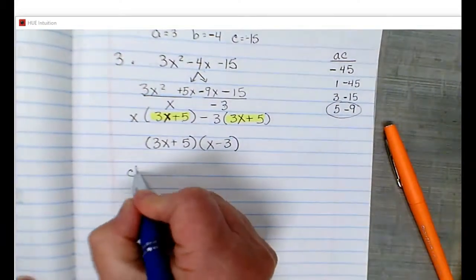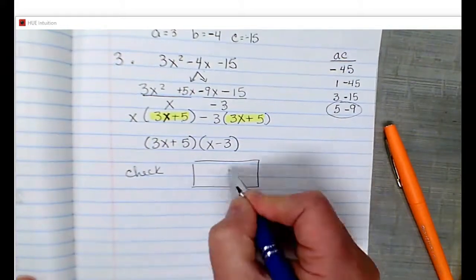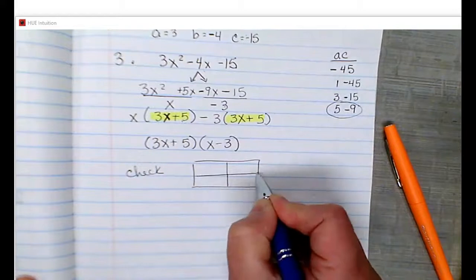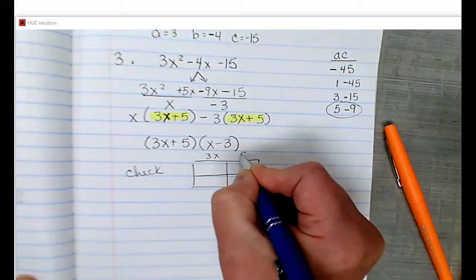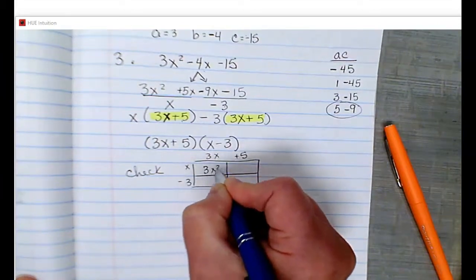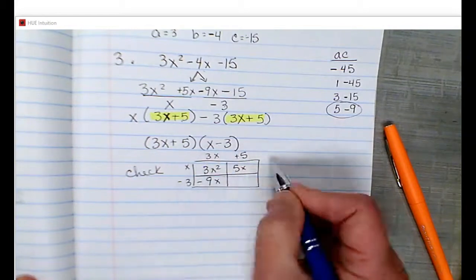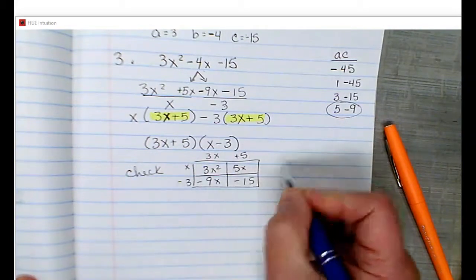You do not have to check every problem, but you should be able to check if you're not sure. 3x squared, 5x minus 9x, and minus 15.